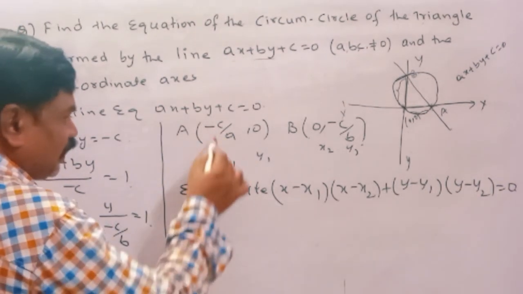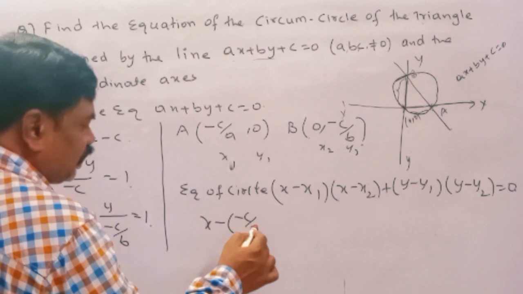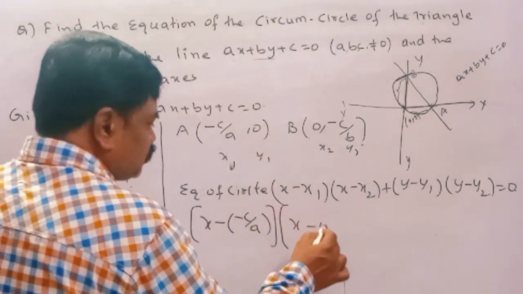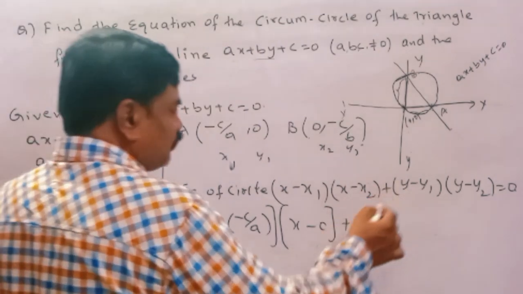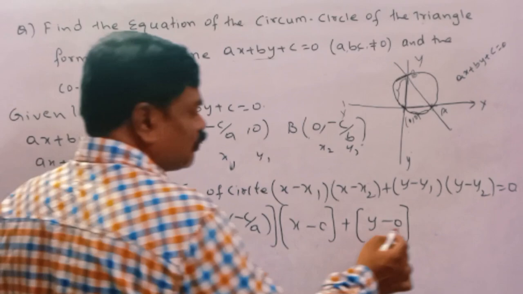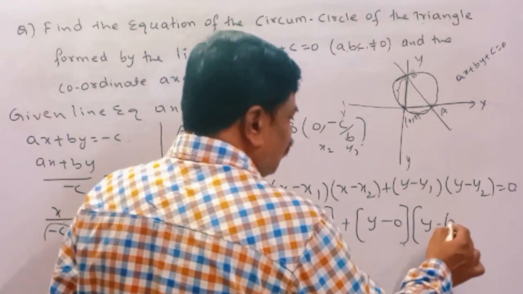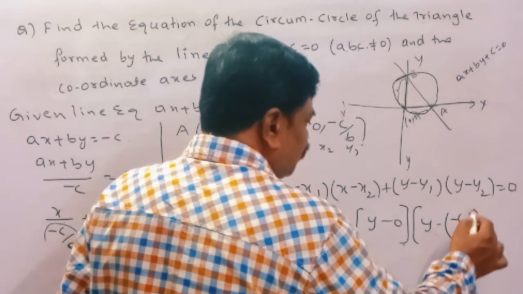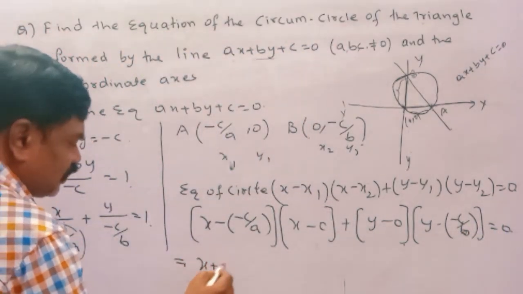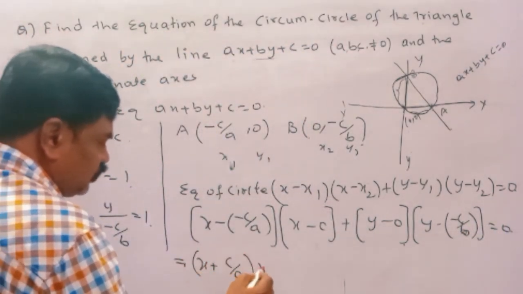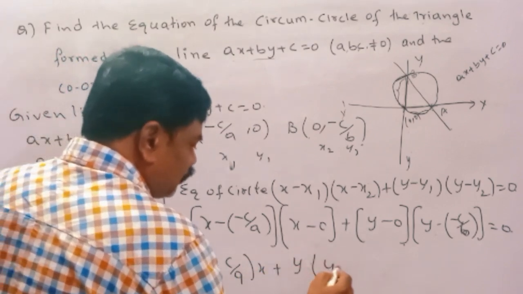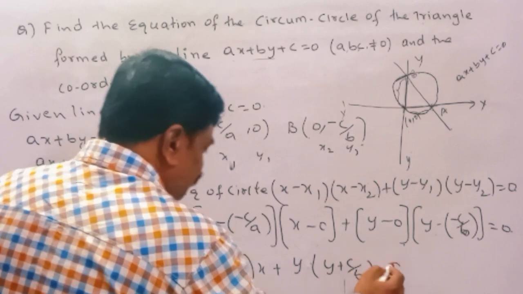This is x minus of (minus c by a). x minus x2 is x minus 0, plus (y minus y1), y1 is 0, and y minus of (minus c by b) is equal to 0. Then what is this? (x plus c by a) into x plus y into (y plus c by b) equal to 0.